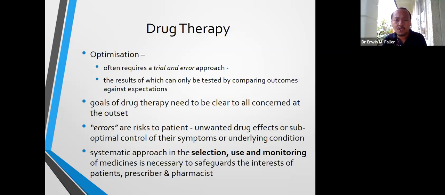That would result in underlying conditions, for example side effects associated with the drug, that add to the cost for our patient. And systematically, we are able to make a correct decision in the selection, use, and monitoring of the medicines that are necessary to safeguard the interests of the patient, the prescriber, and also the pharmacist.